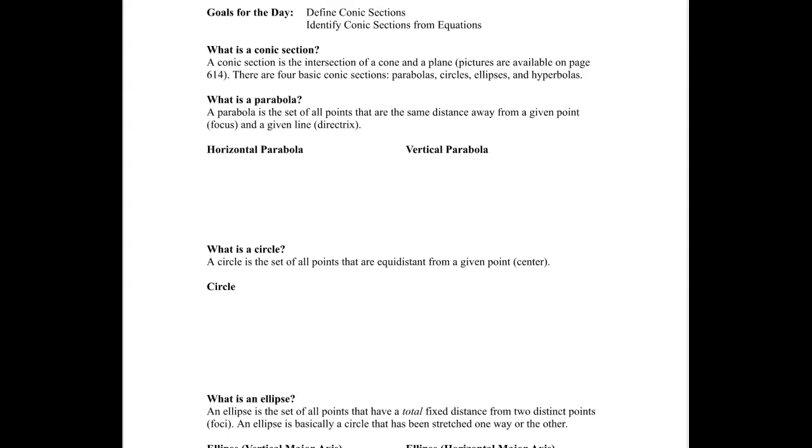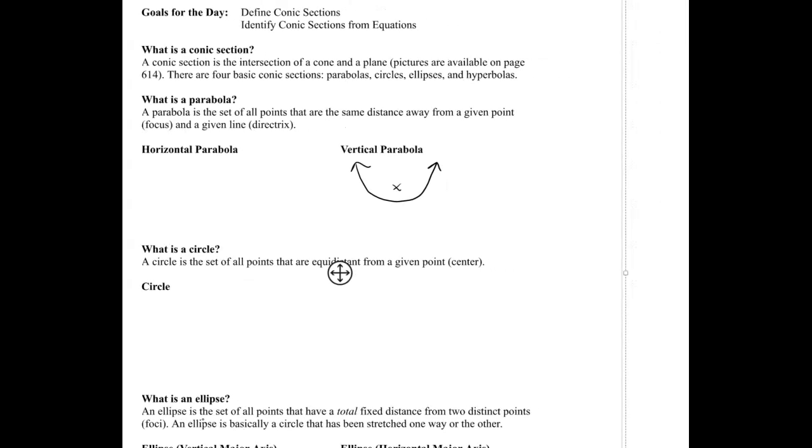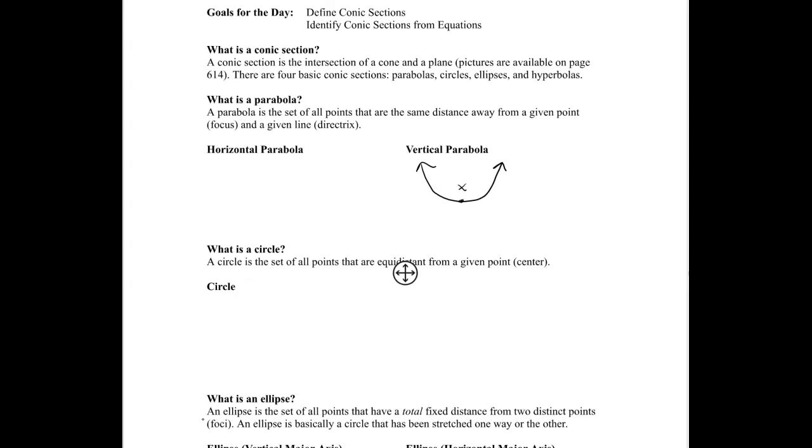So vertical parabolas, let's start with that one because that's one that you've heard of before. We've got a happy little parabola going on there, for example. And somewhere in there, we've got this point called the focus. It is always going to be inside of the parabola. It will be a certain distance away from an important point called the vertex, which we will talk about later in this particular chapter. But for right now, you should know what the vertex is at this point.